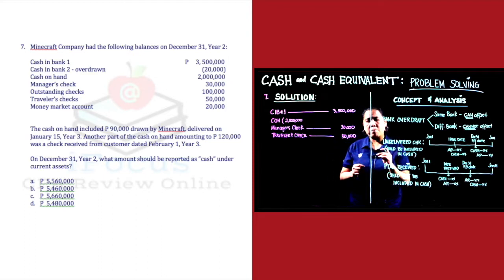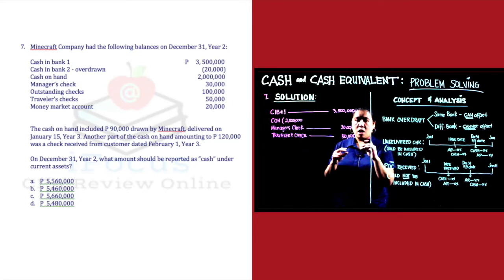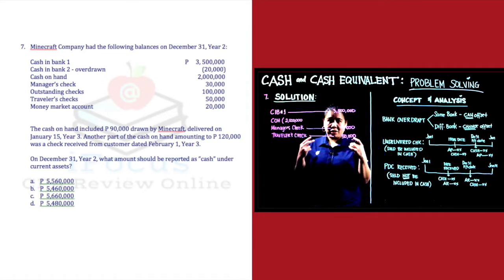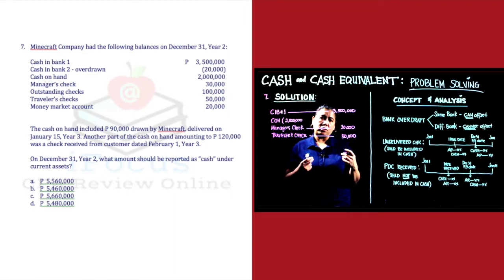But, ang sabi ng problem mo, the cash on hand na 2 million included 90,000. So, included na yan sa 90,000. So, hindi na natin kailangan i-adjust kasi nandyan na po yun. Another part of the cash on hand amounting to 120,000 was a check received from customer dated February 1st of year 3.